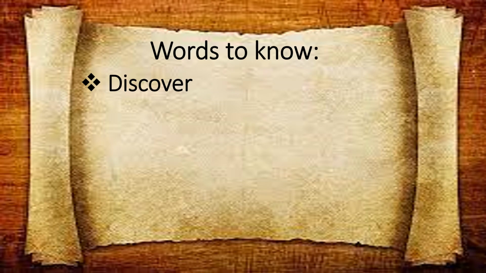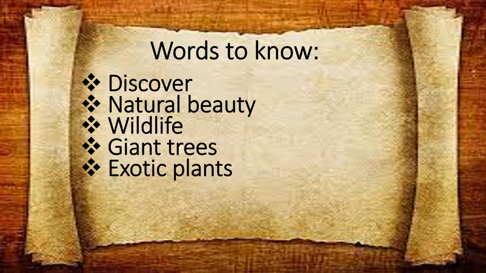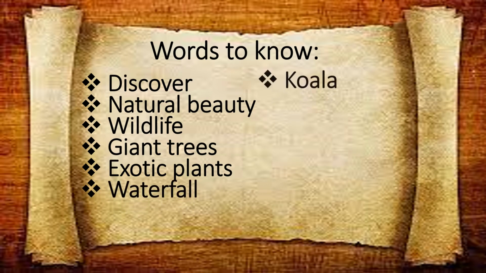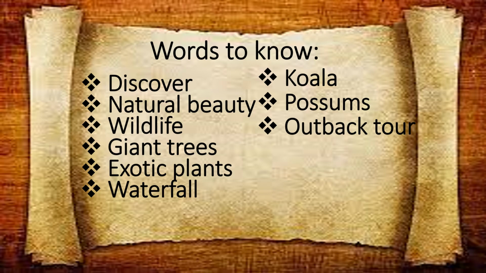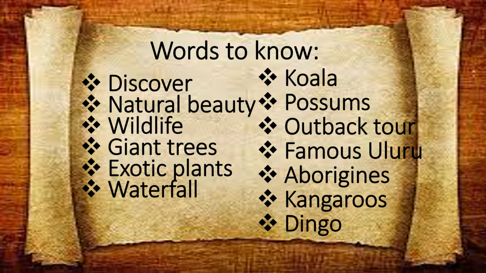We have here discover, natural beauty, wildlife, giant trees, exotic plants, waterfall, koala, possums, Outback tour, famous Uluru, aborigines, kangaroos, and we have dingo. Okay, so these are our vocabulary for this day.